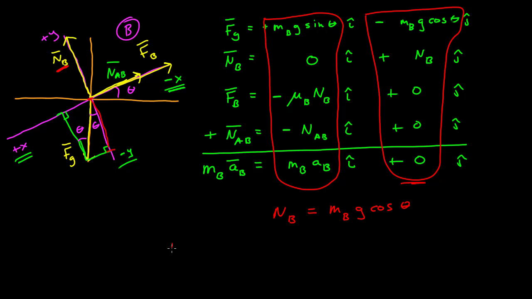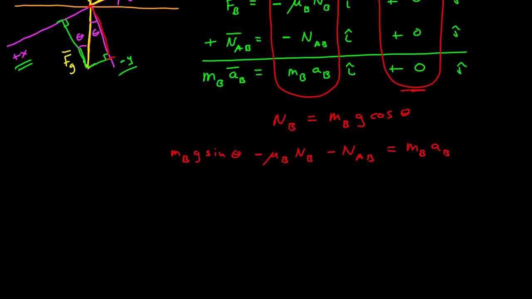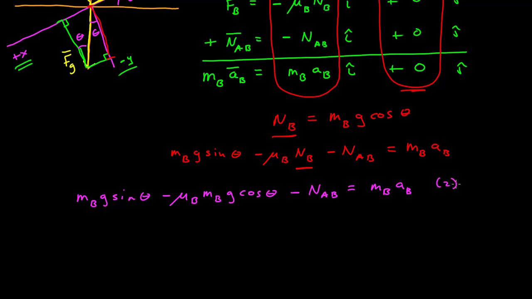And that gives us m sine theta, essentially the x component of the gravitational force, minus coefficient of friction B, normal of the ground on B, minus the normal force of A on B is equal to the mass of B times the acceleration of B. Again, I've got a bunch of unknowns here, but the first thing I can do is substitute in the normal force for B, like I did last time, and that gives me mass of B times g sine theta minus the coefficient of friction B times the mass of B g cos theta minus the normal force of A on B is equal to the mass of B times the acceleration of B. Okay, so here's the second important equation.